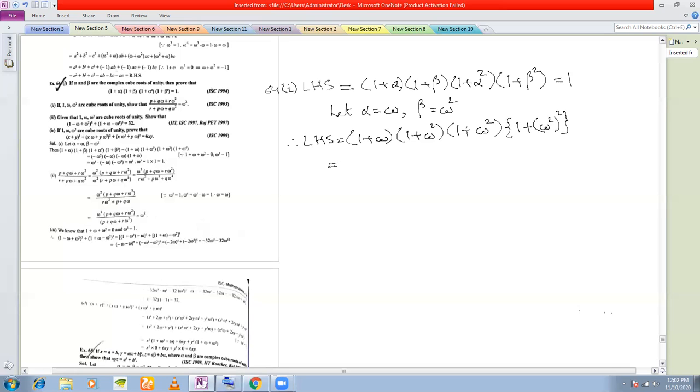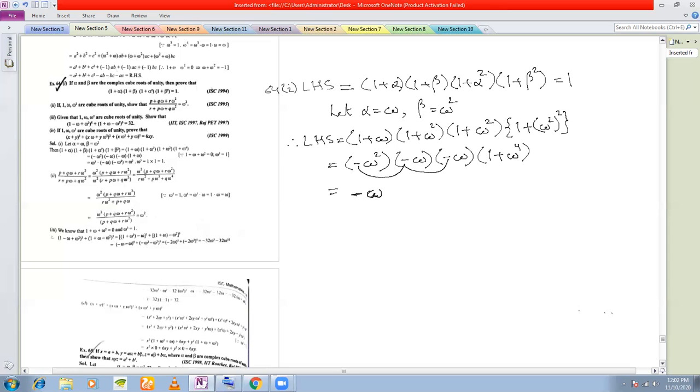Now what happens? 1 plus omega is minus omega square according to the property. 1 plus omega square is minus omega. 1 plus omega is again minus omega, and this is 1 plus omega to the power of 4, right? So this becomes what? Minus omega. There's a minus sign here, there's a minus sign here, there's a minus sign here. Three minus signs. So we retain the minus sign.